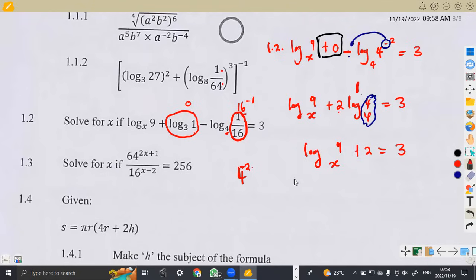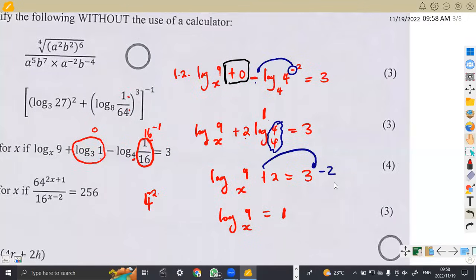Then from there, we can simplify: log 9 in base of x is equal to 3, and transposing 2 to this side gives negative 2. That means 3 minus 2, which is 1. So what are we going to have at the end for us to have x? There were so many ways that we could have used to simplify this part.